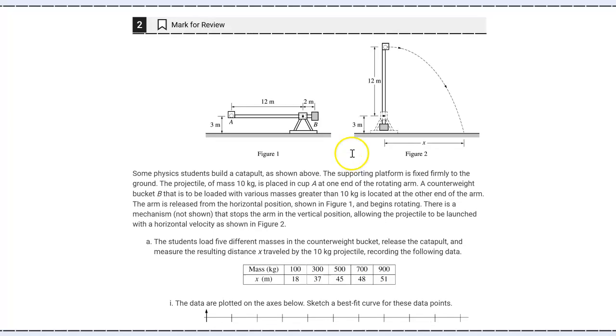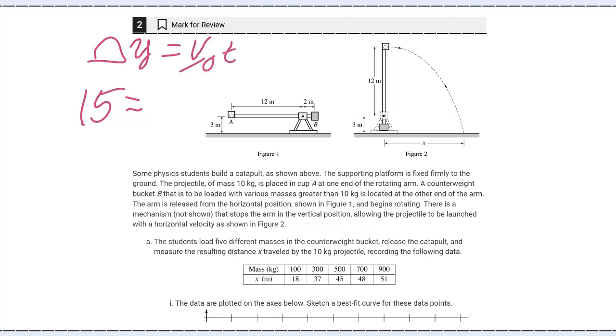And we know that our height, our change in y, or I use y because it's in the vertical direction, is 12 plus 3, so 15, equals v naught, which starts from rest so that goes to 0, plus half a t squared.